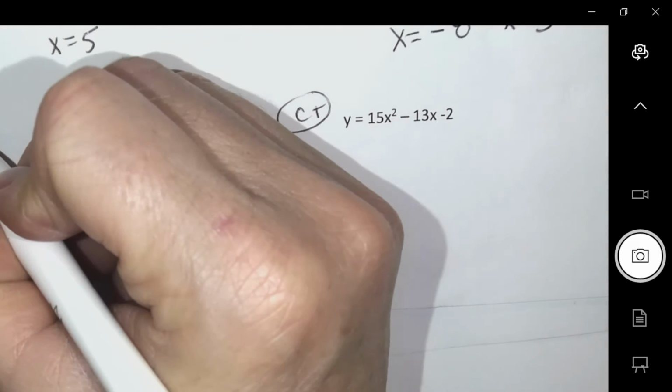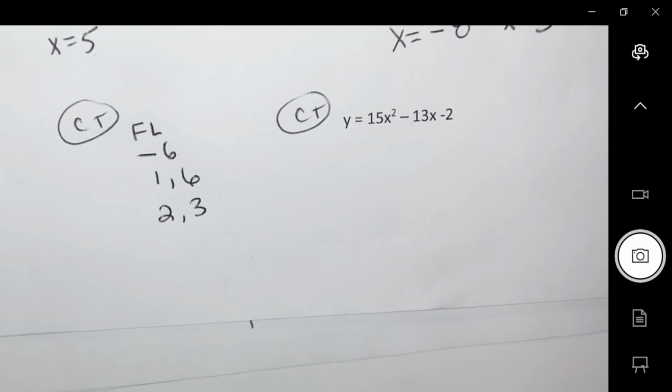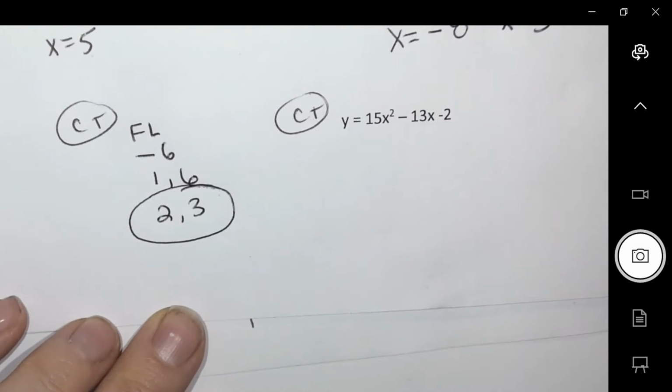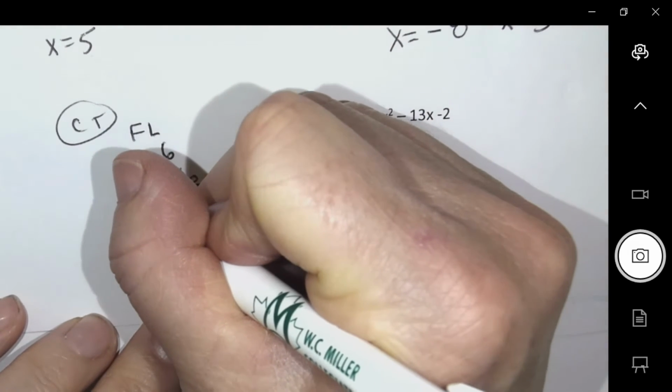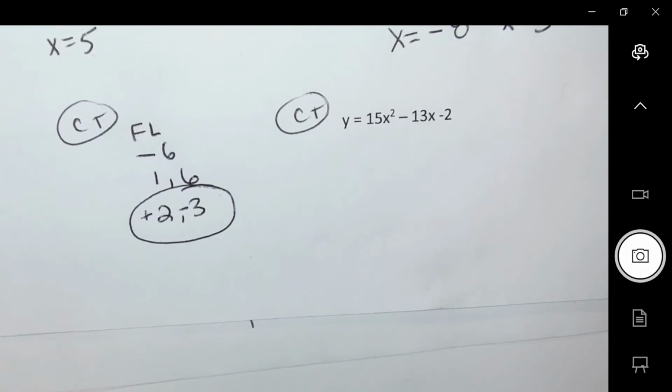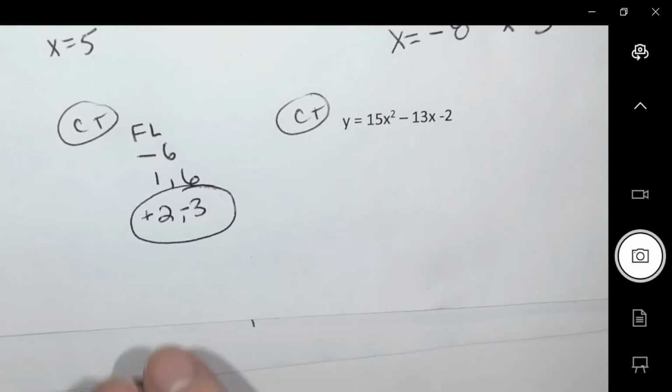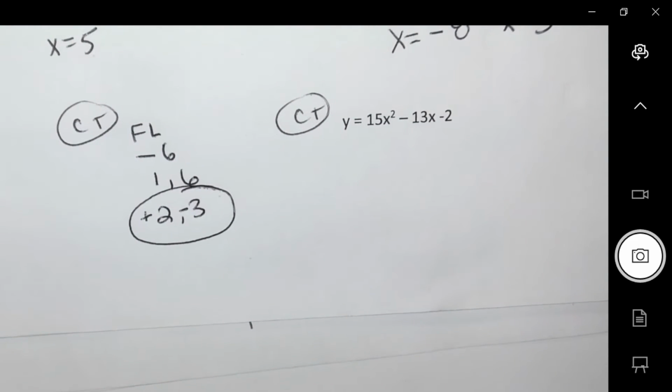I need the combo in the middle to make a -1. So we're picking the 2, 3, plus, minus. Okay? Got it? We're multiplying to -6. We're adding to -1.